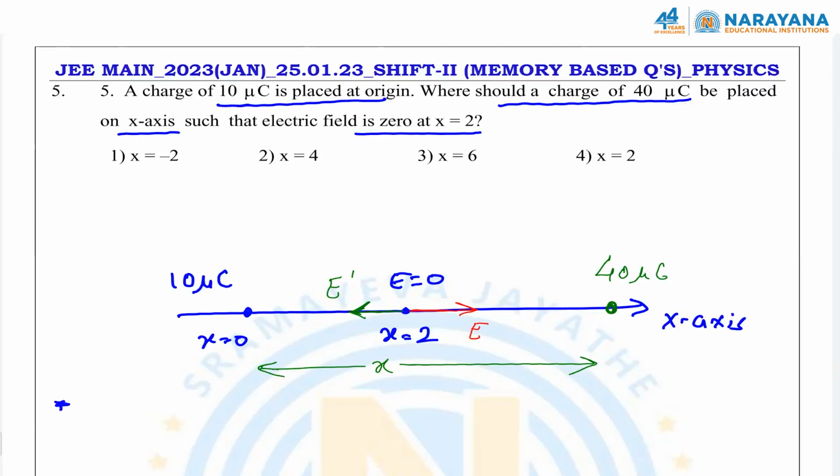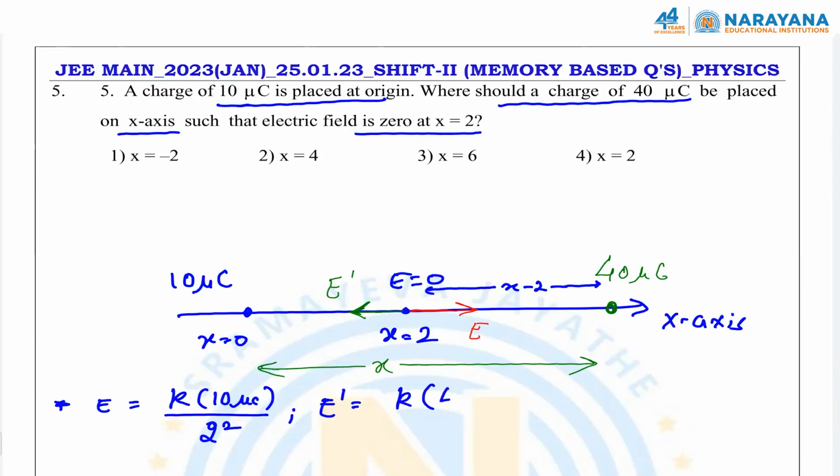So if this is x, this distance would be x minus 2. Now E will be k into 10 microcoulomb over 2 squared, and E prime will be k into 40 microcoulomb over (x minus 2) whole square.